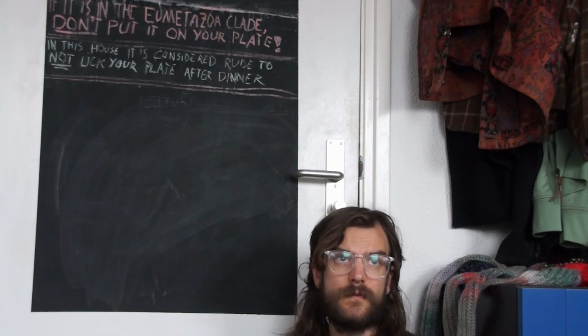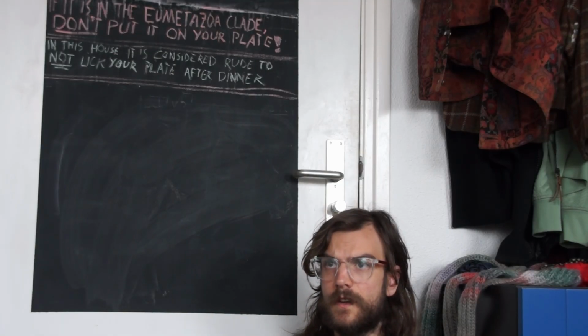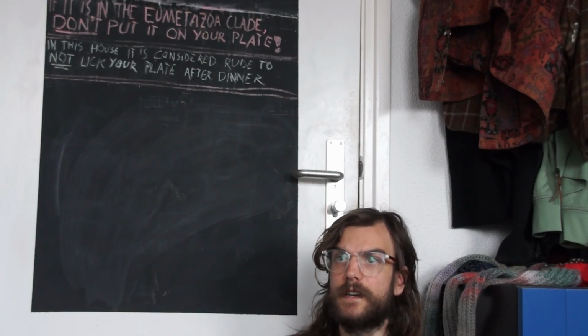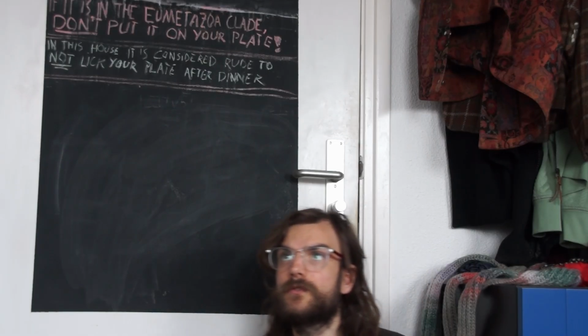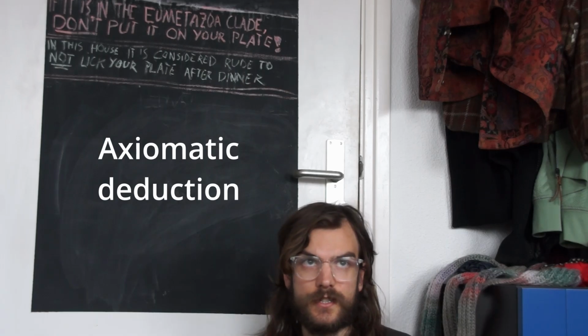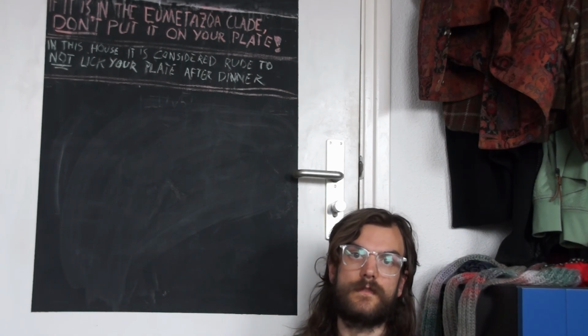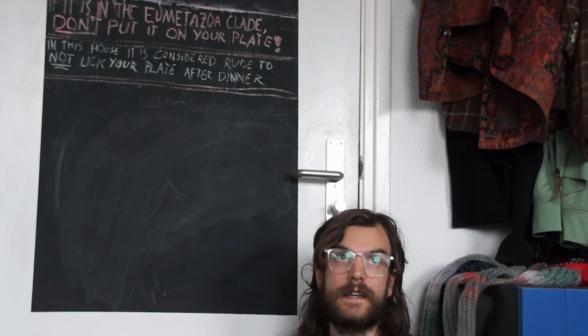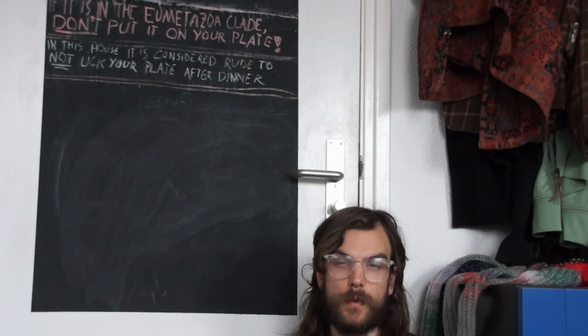So what do we mean when we say first principles? Well, science is built up on the epistemological tool called axiomatic deduction. Usually in science, someone thinks, what if all these phenomena can be explained by this rule or this model?